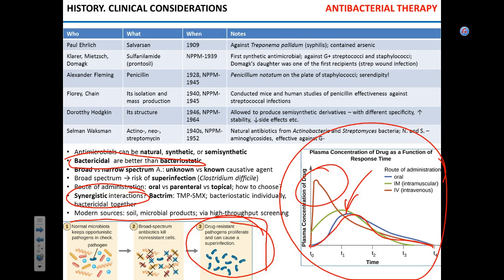Now, one more question. Hypothetically, if you have two drugs, one is a natural drug, the one that you got from some fungus, and another one is synthetic. The natural one was isolated just 2 days ago, and the synthetic one was synthesized 2 days ago.